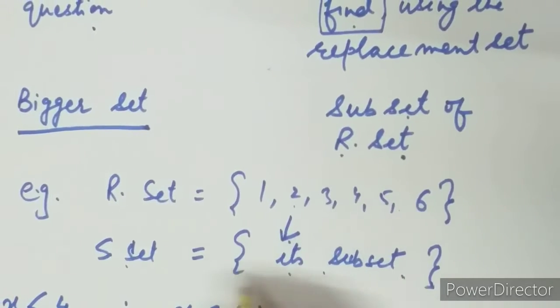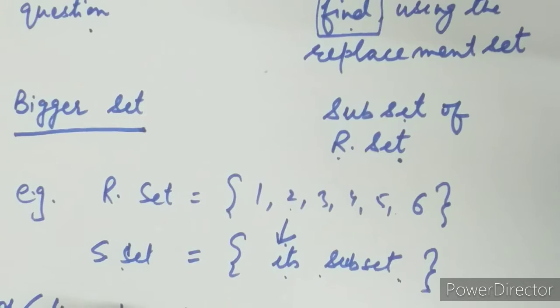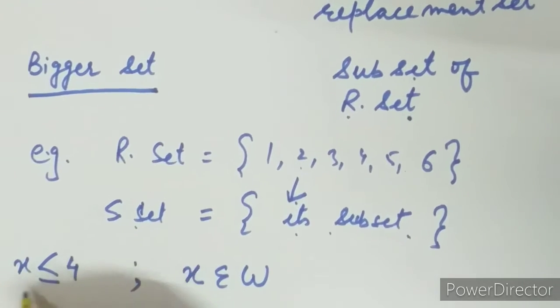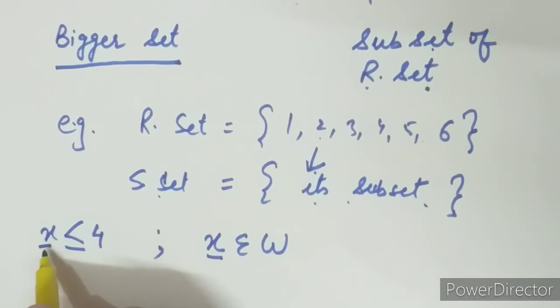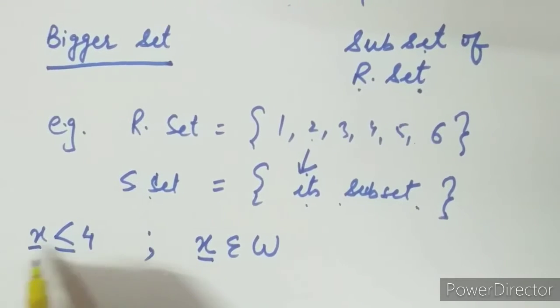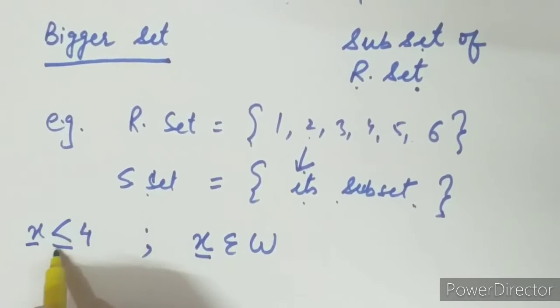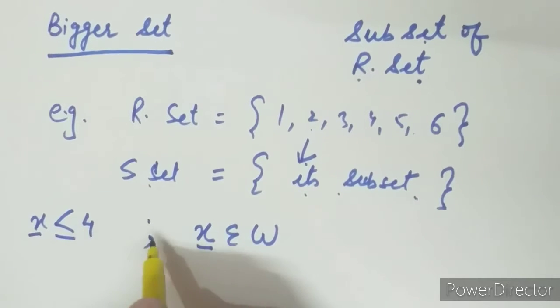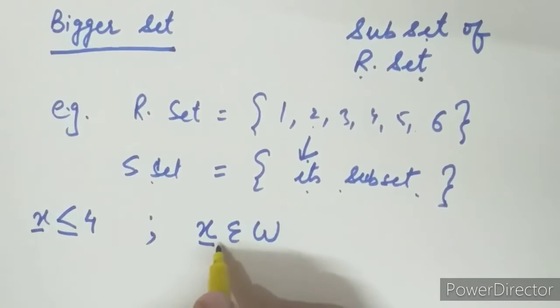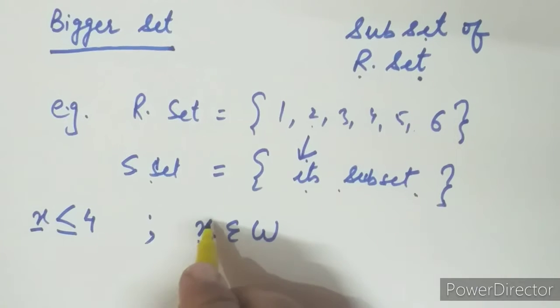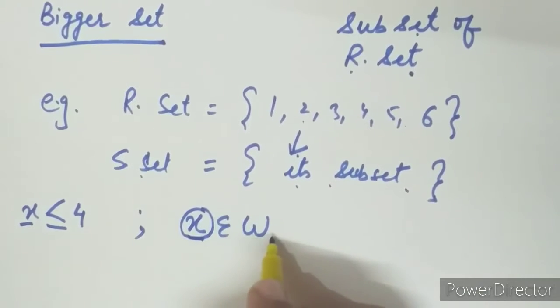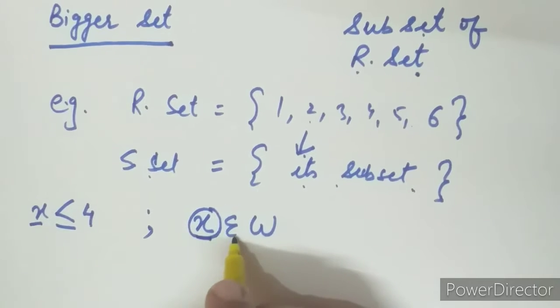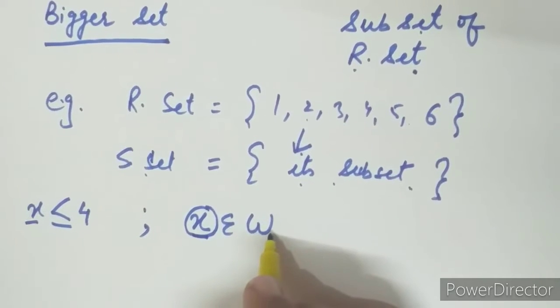I will explain this point with one more example. Let us say we have a variable x. We have one inequation here that x is less than or equal to 4, and we are also given one more condition on our same variable, that x belongs to the set of whole numbers.